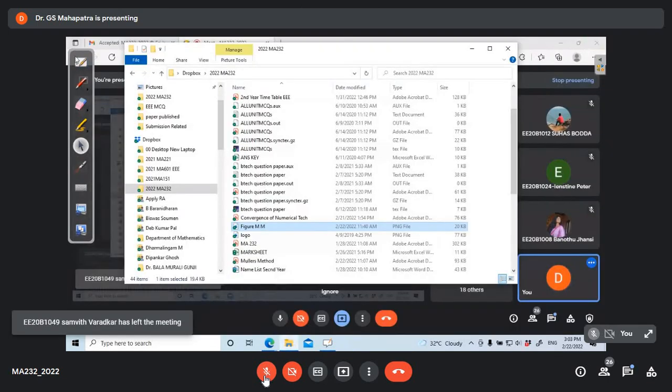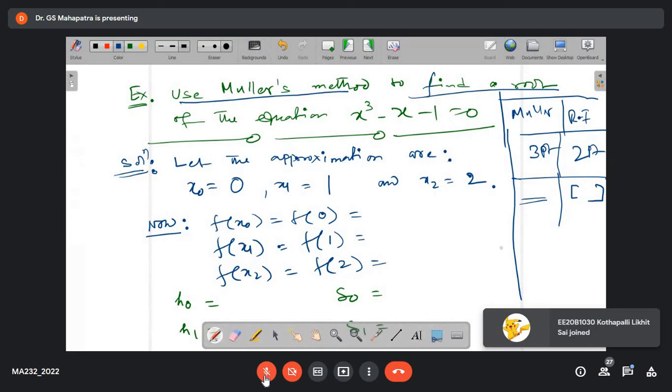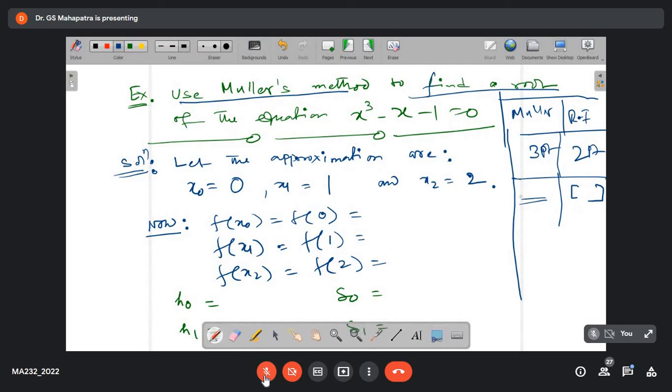Just check it. You can check x cube minus x minus 1 equals 0. What are the possible roots? Directly use your calculator. Here the root is outside, but your points may be inside or outside, no problem.